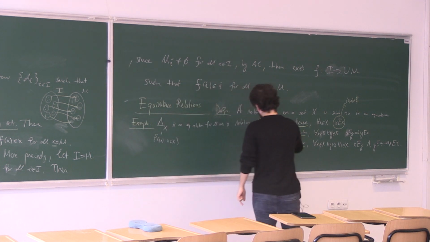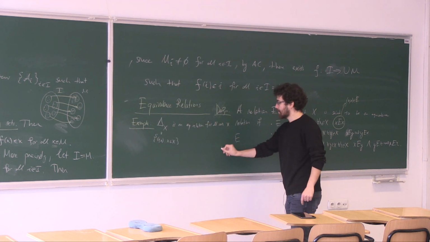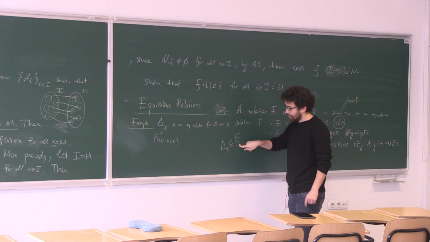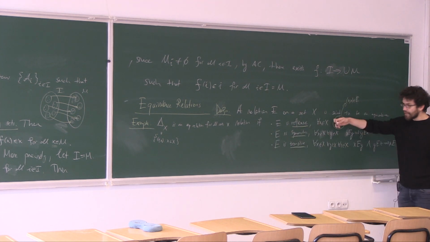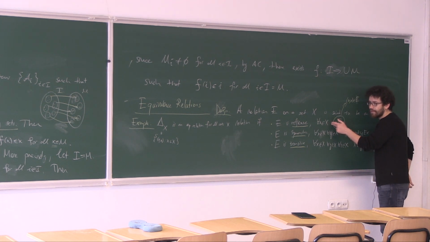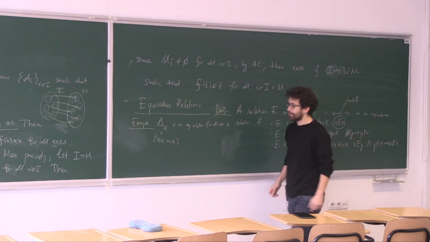Take any equivalence relation E on a set X, then the identity relation is contained in it because of the reflexivity. This guarantees that the identity relation is a subset of your relation.